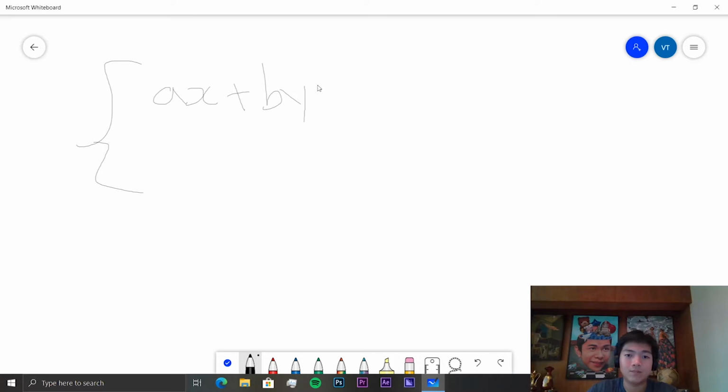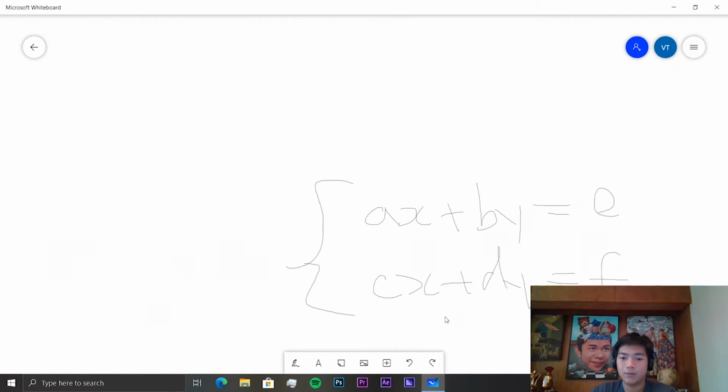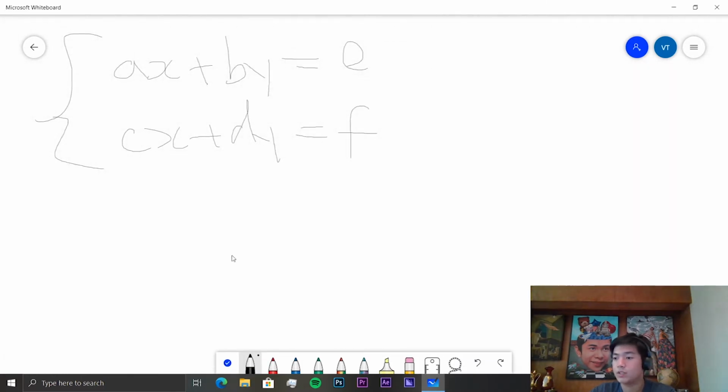So we have our first two variables, we have our second two variables, and we have the two constants that they're equal to. So how can we manipulate this to give us a formula? Well, first we can multiply the top by d and the bottom by b.